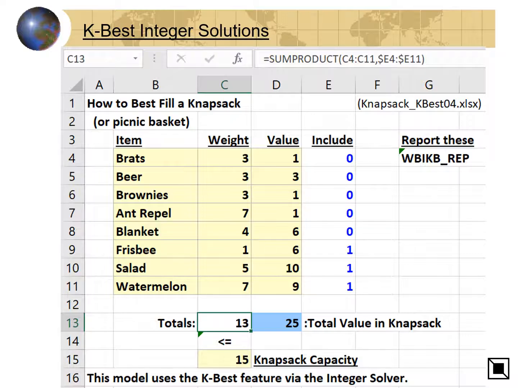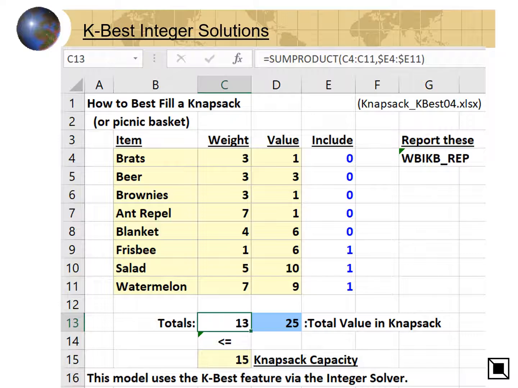So for example, brats have a weight of 3, and beer has a weight of 3. Brats only has a value of 1, beer has a value of 3. On the other hand, for example, if you want to put in a watermelon, that has a weight of 7 and a value of 9.